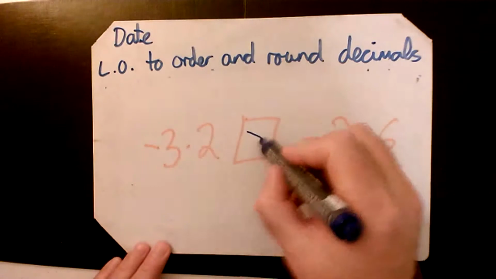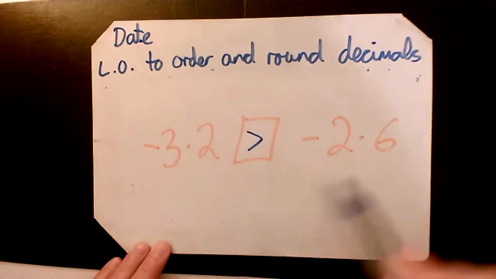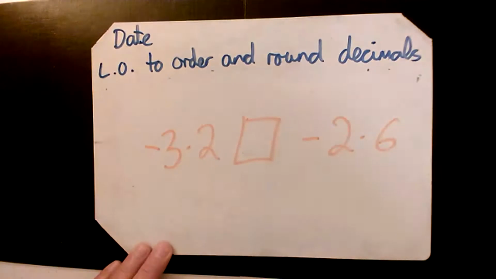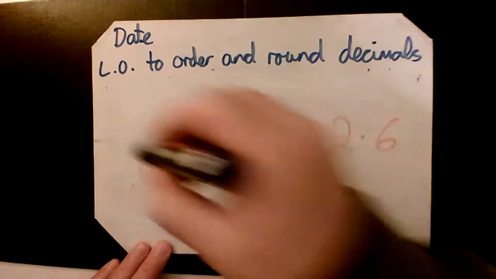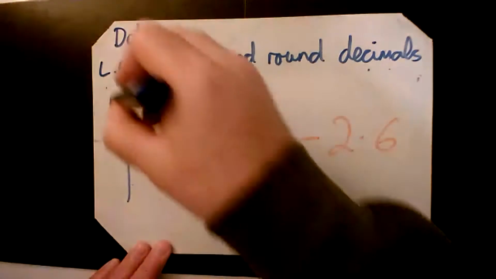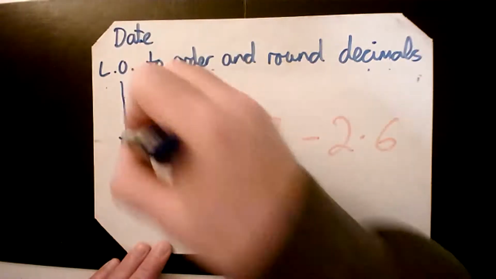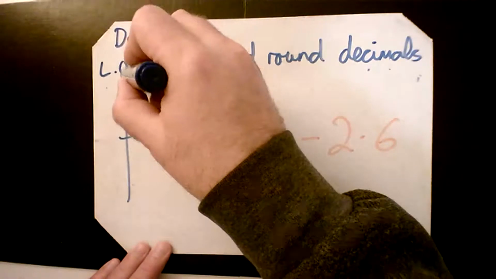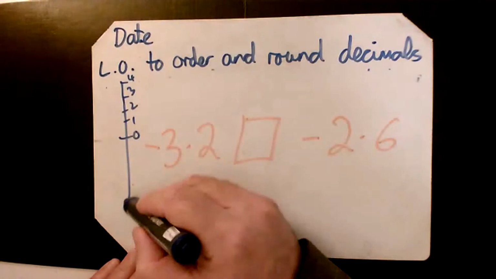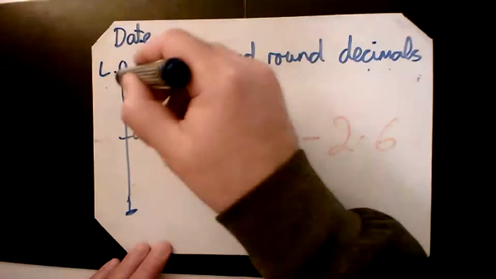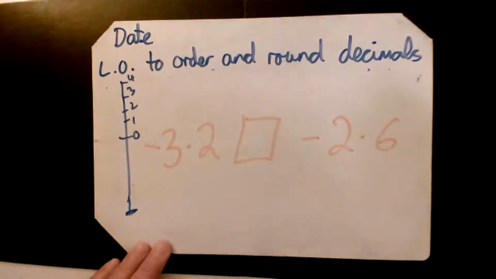Now the temptation is to go this way, isn't it, because 3 is bigger than 2, but actually that isn't the case with negative numbers. If we think of our temperature gauge, and we've got 0 here, and then we've got 1, 2, 3. The higher up you are, the bigger the number.